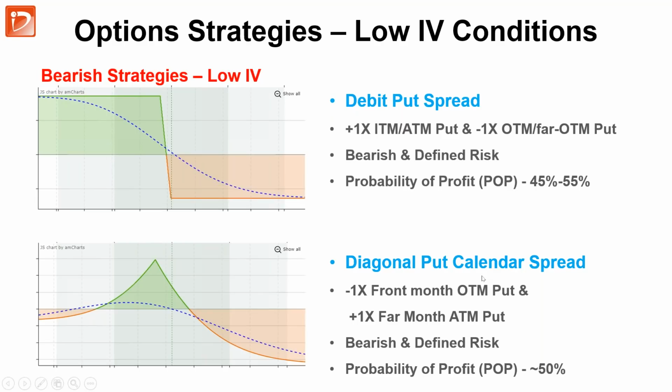POP is around 50%, and if volatility increases, you will gain from that. Ideally, diagonal put calendar spreads or put calendar spreads are much better than call calendar spreads because the IVs increase when the market goes down most of the time. So diagonal put or put calendar spreads are much better than diagonal call or call calendar spreads.